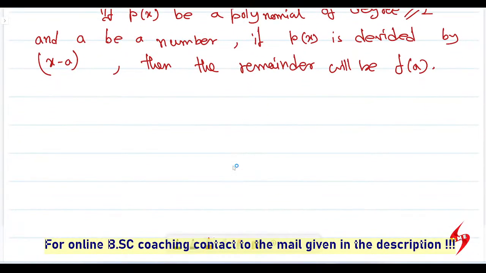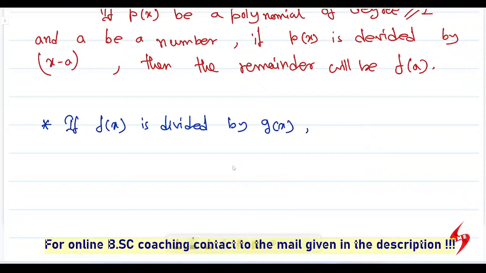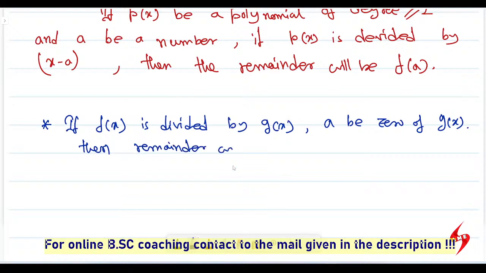There is another phase of this statement, that is, if f of x is divided by g of x, and a is a zero of g of x, then the remainder will be f of a.